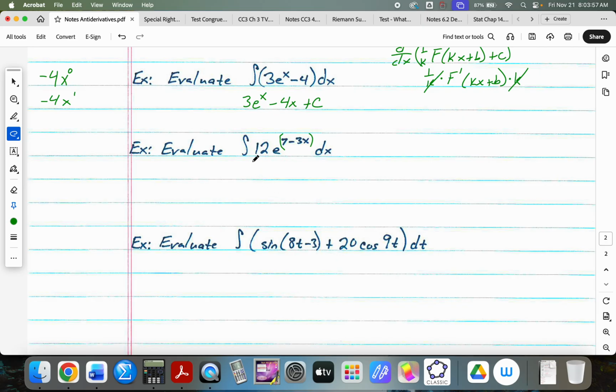So this is going to be 12 over negative 3 e to the 7 minus 3x plus c. So we're multiplying by the reciprocal of the derivative of this linear term. So that's just going to be negative 4e to the 7 minus 3x all plus c.